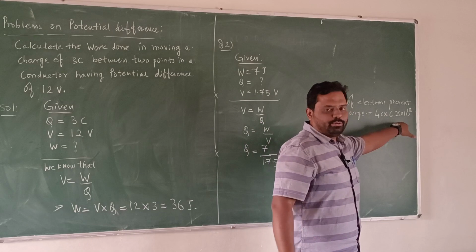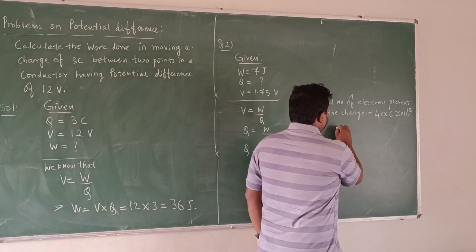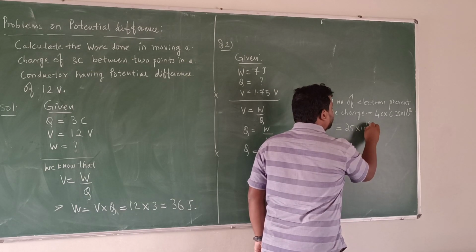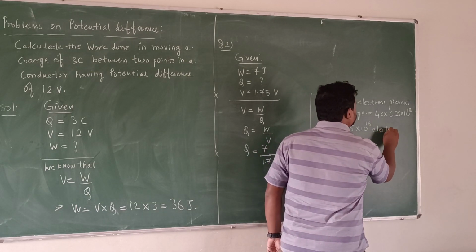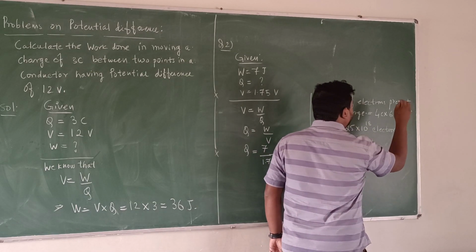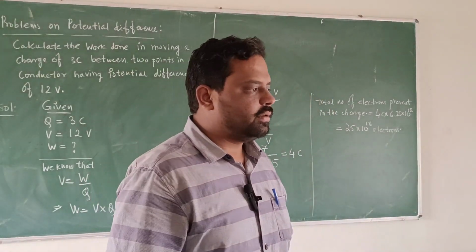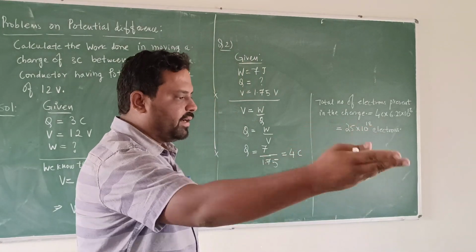So 4 into 6.25 is 25 into 10 to the power 18 electrons. Understood? Okay. Those who have not written, take it down.